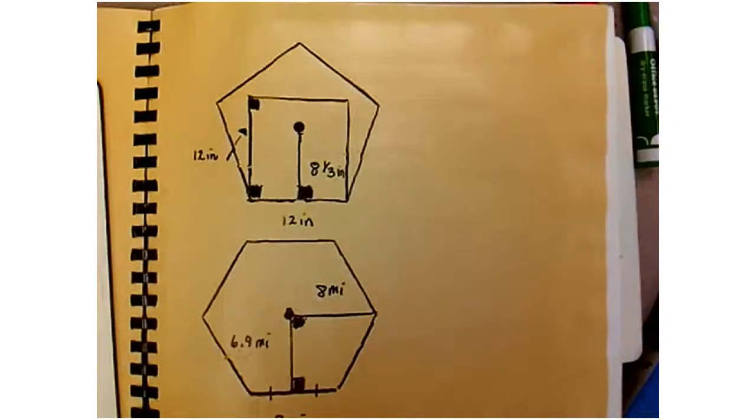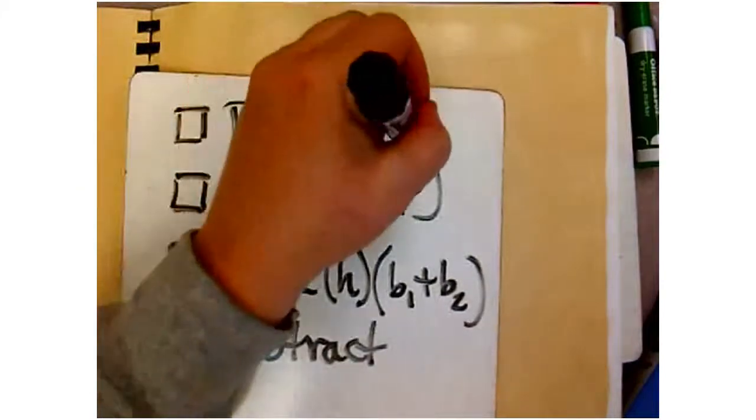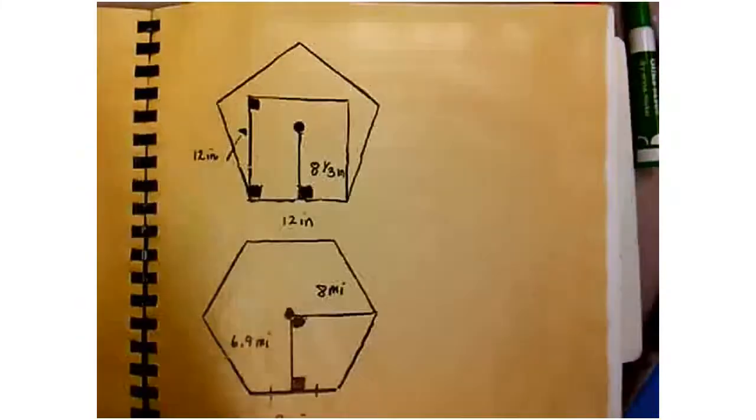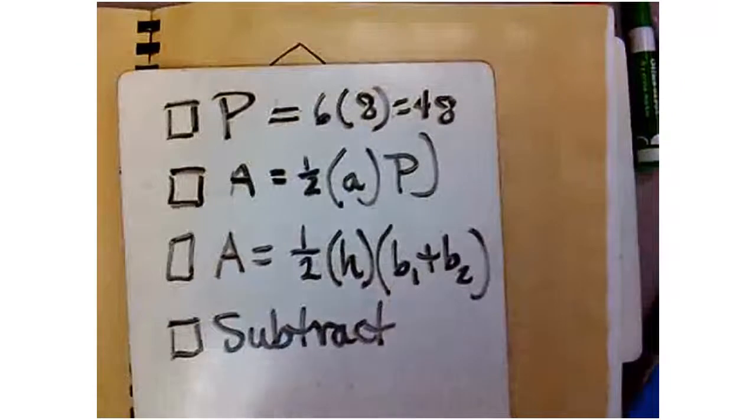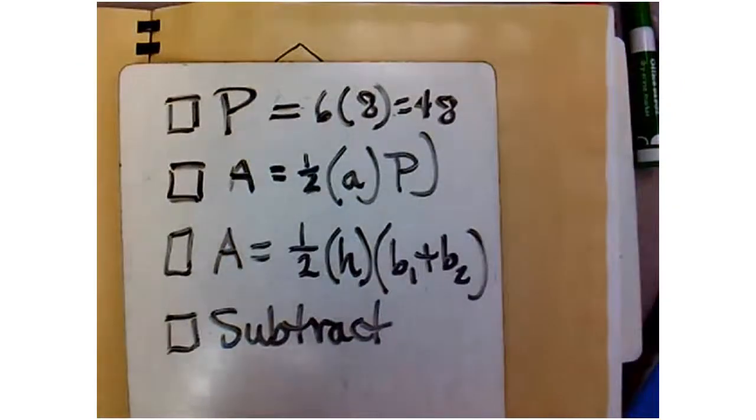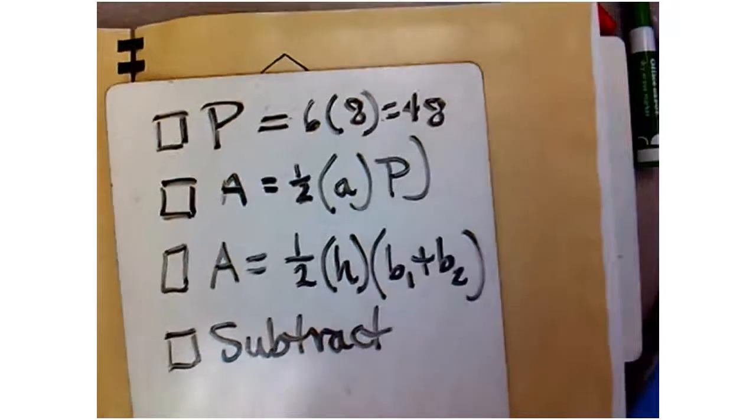What is the perimeter of our hexagon? No, it's not 6.9. It's 8. Look at your drawing carefully. You're going to do all that work and be totally wrong. The side of your hexagon is 8. 6 times 8. What's 6 times 8? 48.